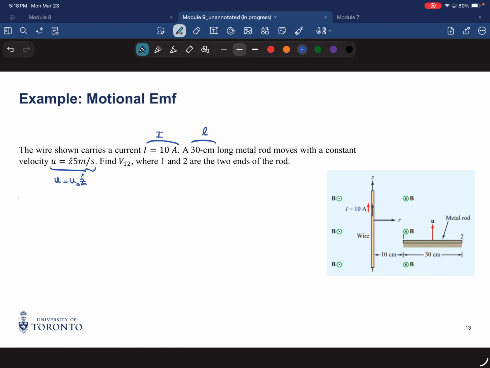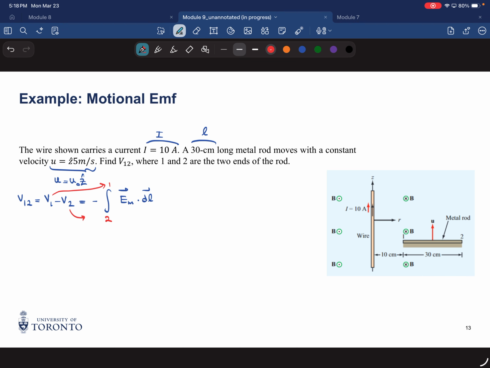So here, let's use our motional electric field, EM, to find V1,2. So V1,2 is V1 minus V2, which is the integral of minus EM dot dl. And remember, the convention is that 2 comes here in the lower bound, 1 goes to the upper bound.